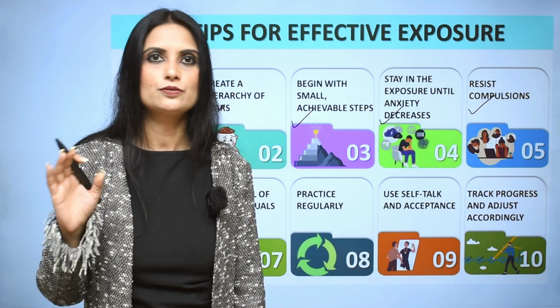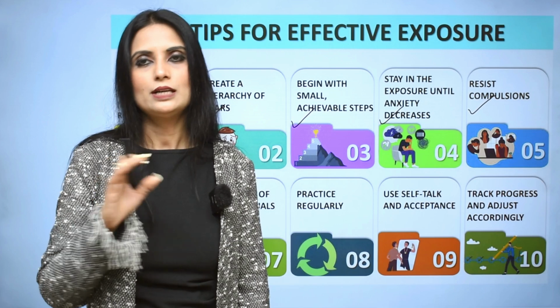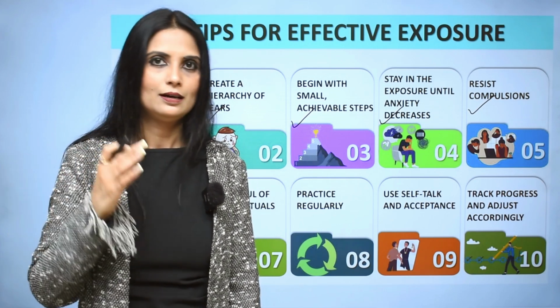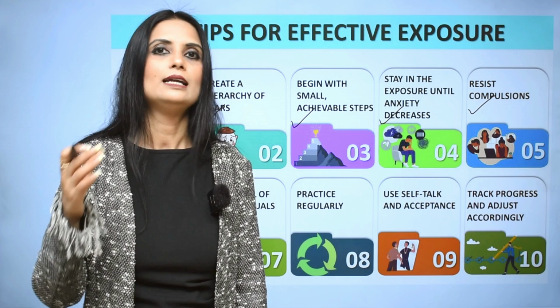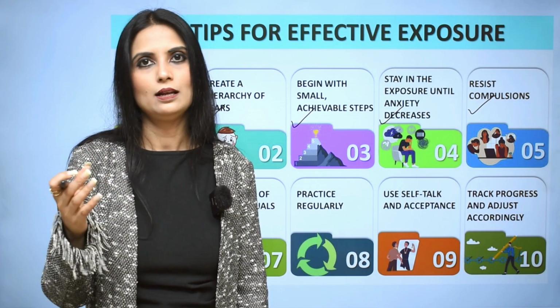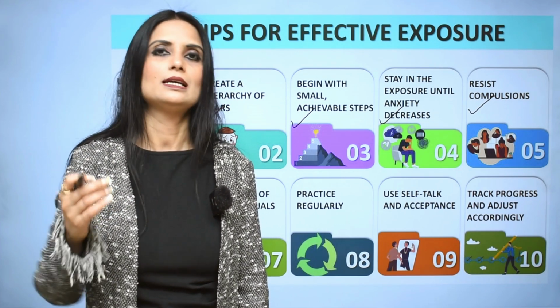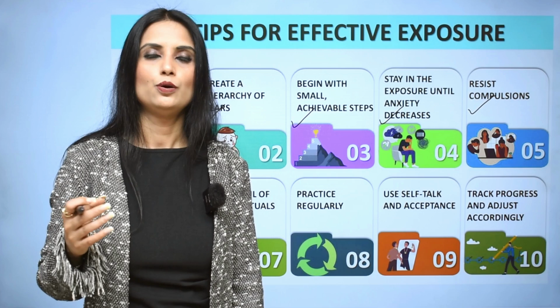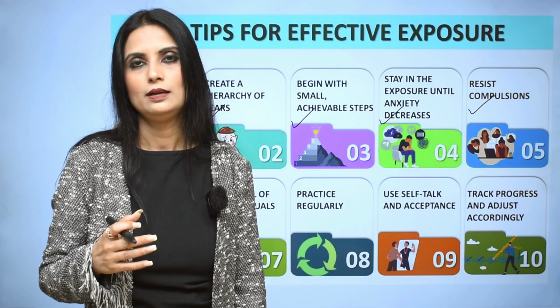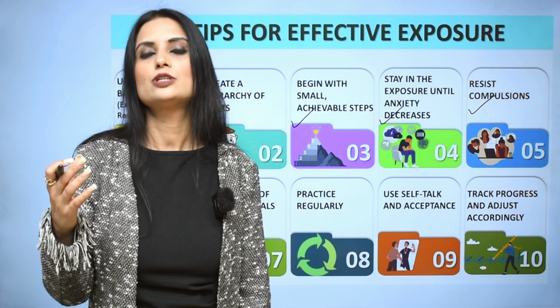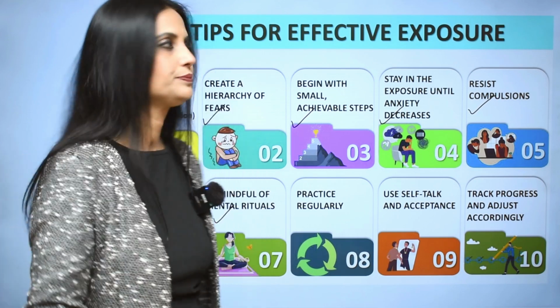Look around and notice 5 things. You can touch 4 things, hear 3 things, 3 voices, and 2 things you can smell and 1 thing you can taste. Or simply watch your breath. It will help you to connect to the moment and you will not engage in any mental ritual.